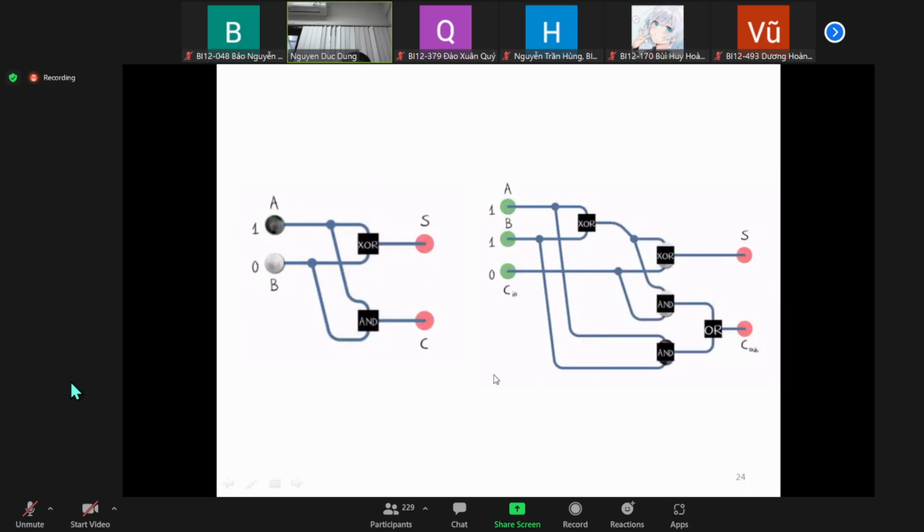More complicated, and this is only the adder adding 2 numbers. Adding 2 numbers in the binary numbering system.